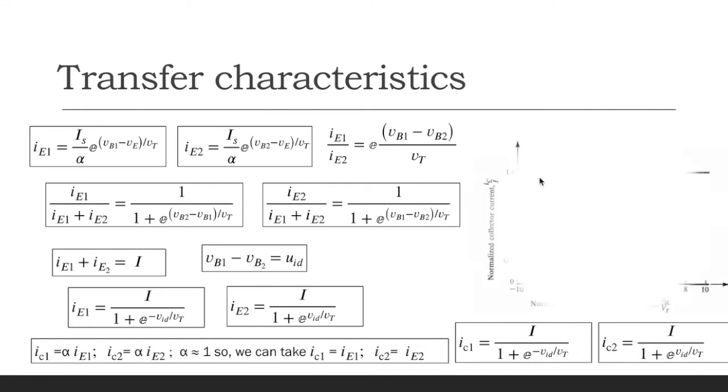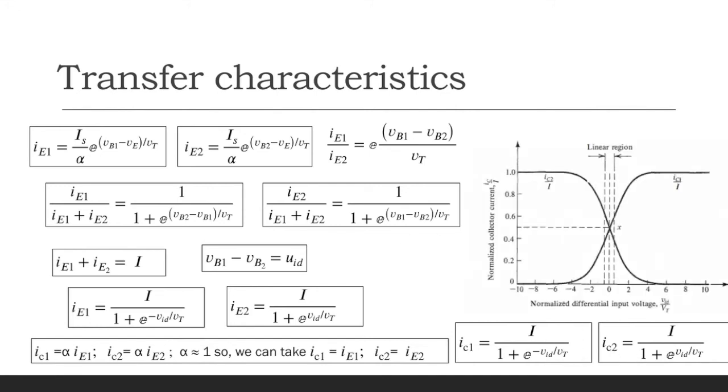Now if we plot the normalized collector current IC1 by I or IC2 by I with respect to VID by VT, we get these curves. One curve is for IC1, another one is for IC2. And you can observe here, when one transistor is having zero current, another transistor is having maximum current, that is, one transistor is off, another is on.